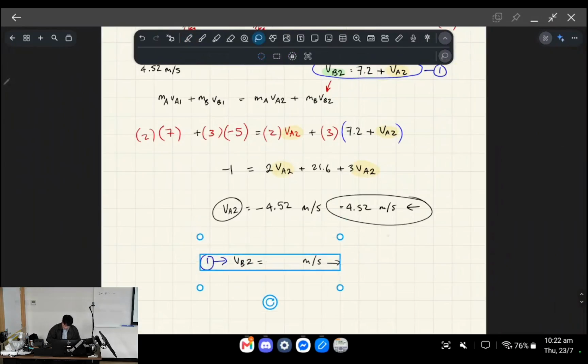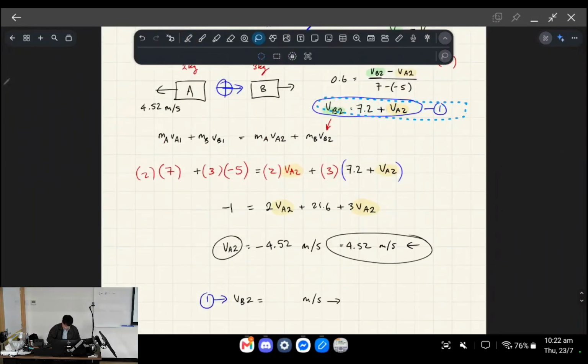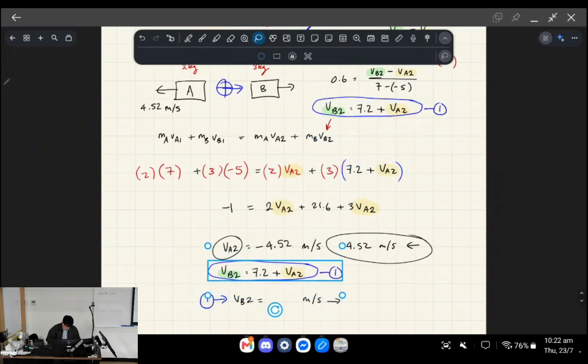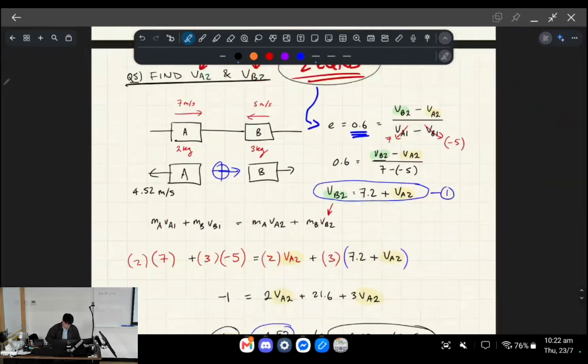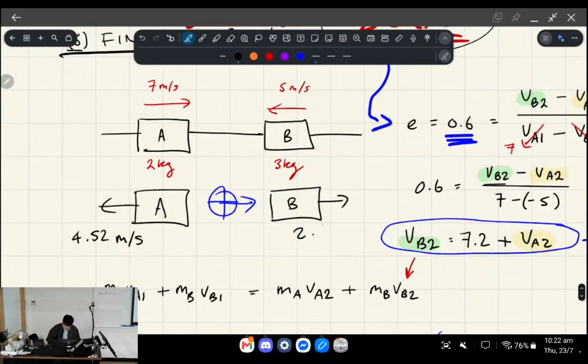You've got this expression, and now that we know what VA2 is, we can plug that in and get an expression for VB2, which is the green one. That's telling us that VB2 is 2.68 meters per second going to the right, which makes sense because you'd expect it to go to the right.